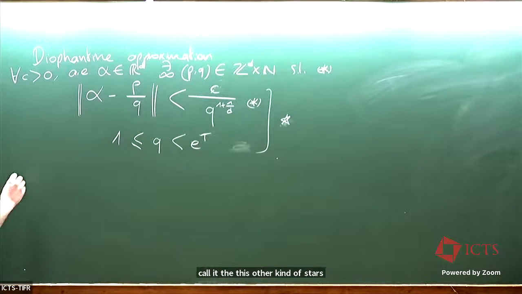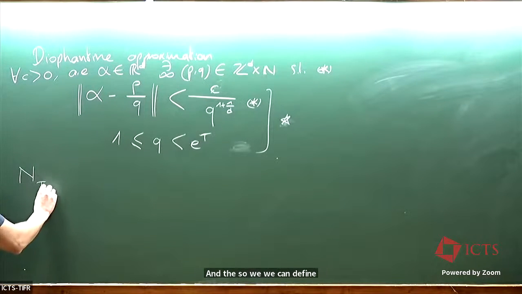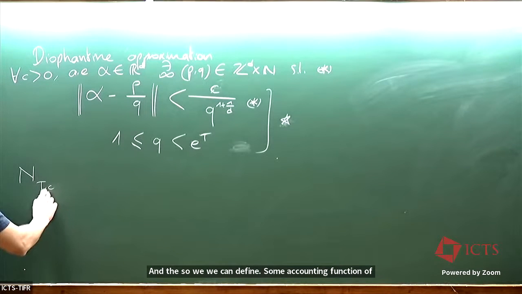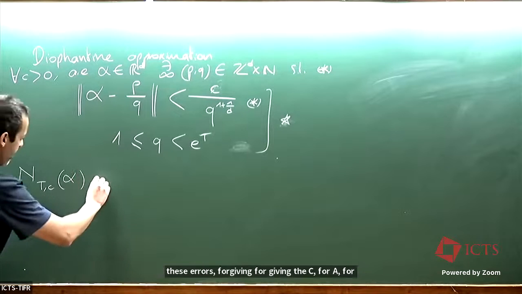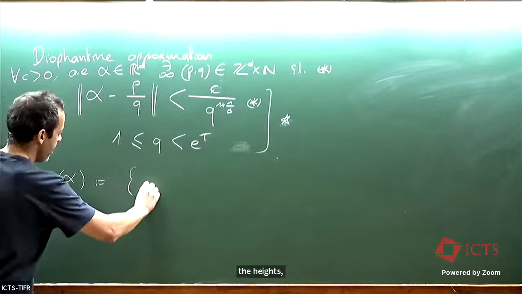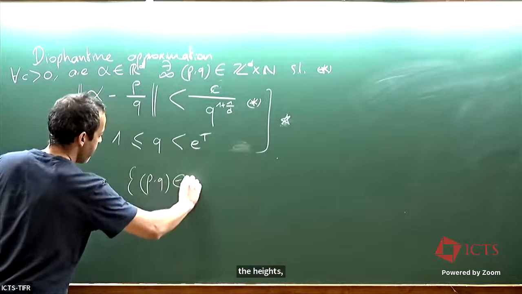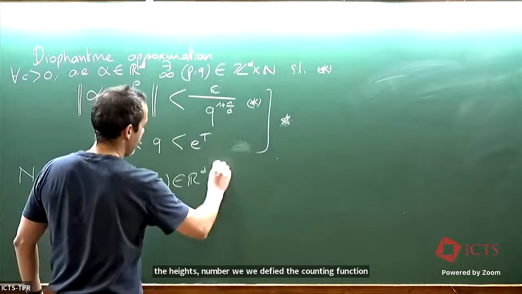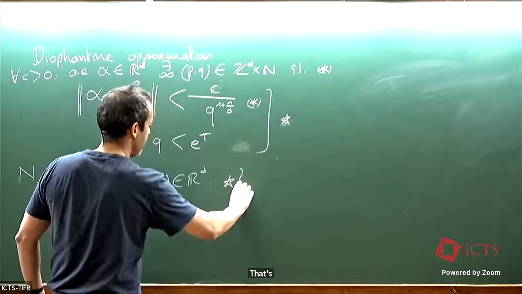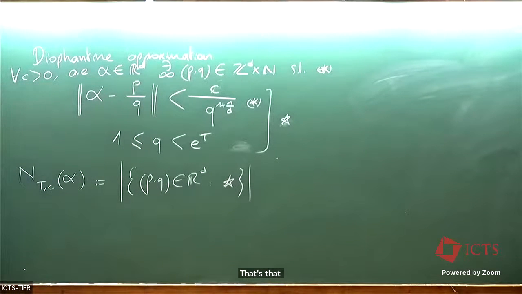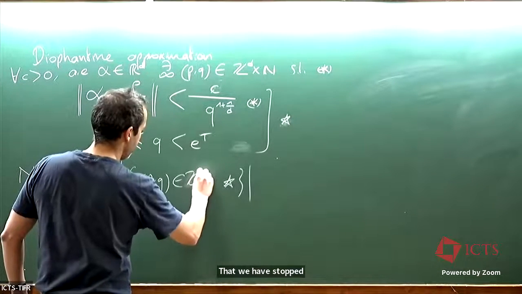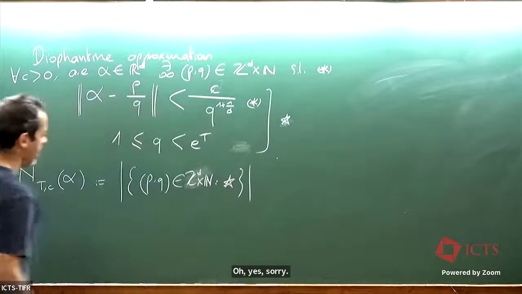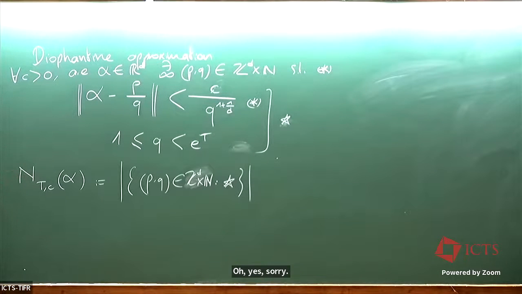And so we can define a counting function of these pairs, for a given C and a height t: the number of pairs such that we have star. So this is the counting function of the pairs that satisfy the system of inequalities.